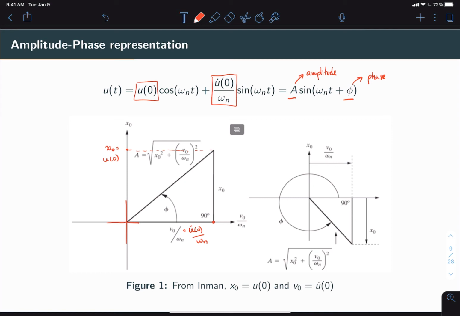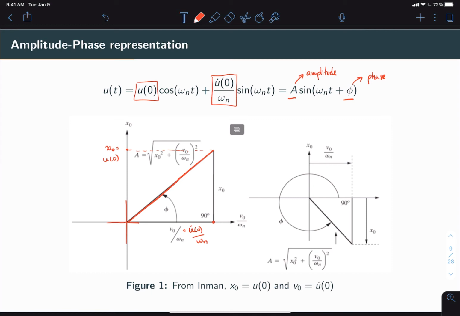The overall amplitude of the signal then is going to be the hypotenuse of that triangle, right, or the magnitude of that vector. So it is simply what you see here, a square root of the sum of those two terms squared.